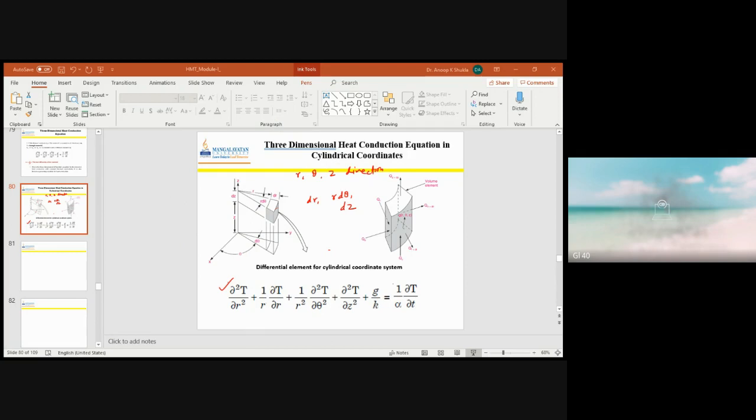As you know, the heat conduction equation involves a differential equation. So obviously, for solving these differential equations, we need certain initial conditions and certain boundary conditions for obtaining the exact solution of these differential equations.